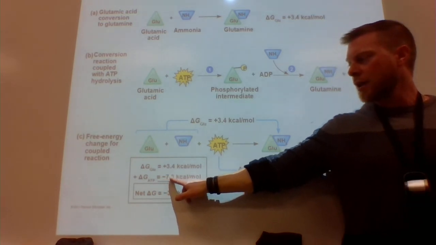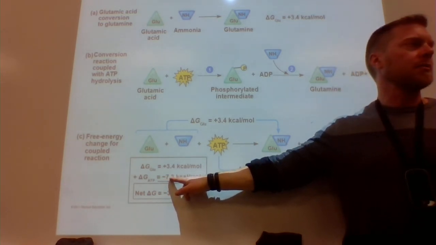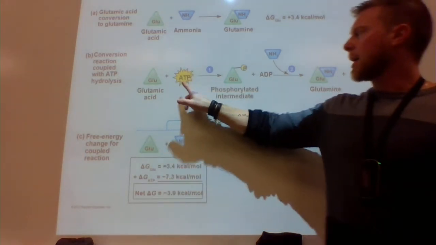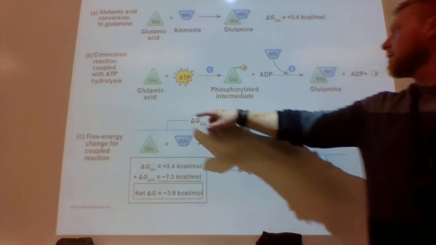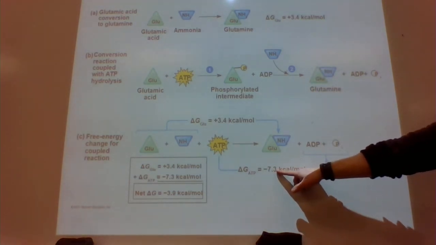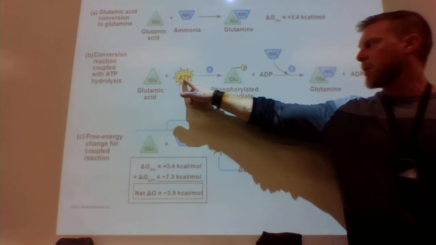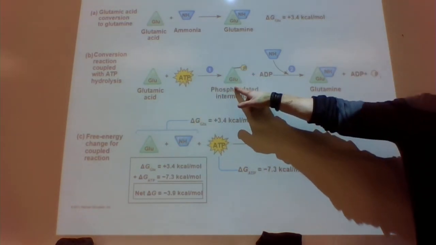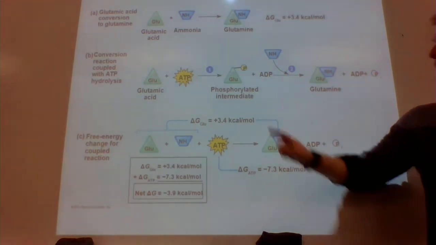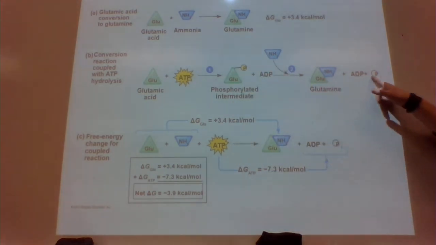You have a negative delta G. Do we all see that? So here we have the hydrolysis of ATP. It's releasing 7.3 kilocalories of energy. The ATP phosphorylates one of the reactants, right? And that activates the reactant, making that chemical reaction take place.